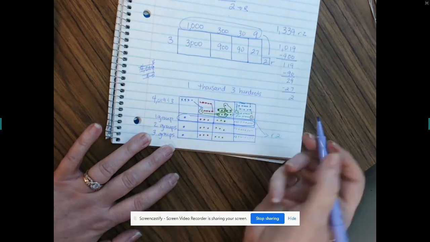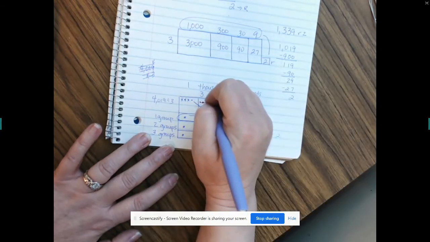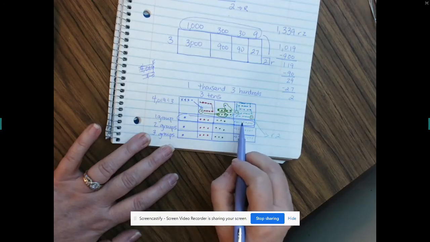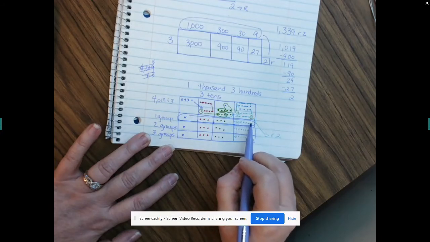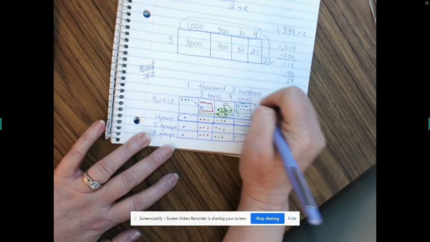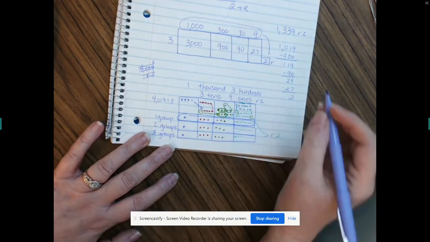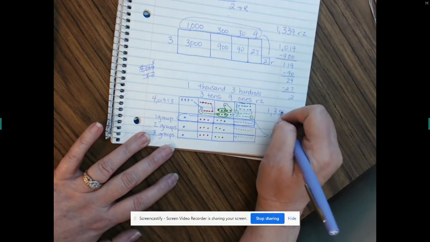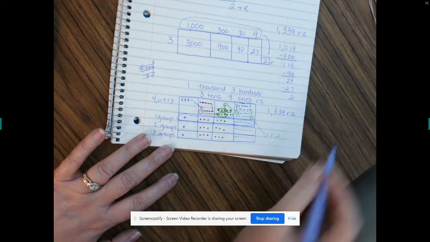I have 1, 2, 3 10s. And I have 1, 2, 3, 4, 5, 6, 7, 8, 9 ones. With the remainder of 2, which equals 1,339 with a remainder of 2.